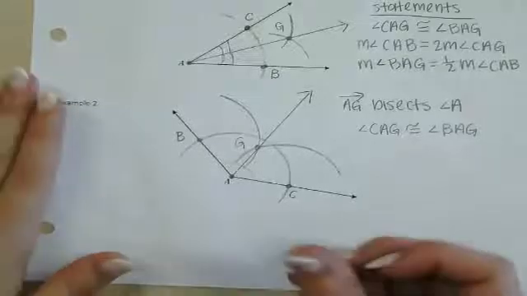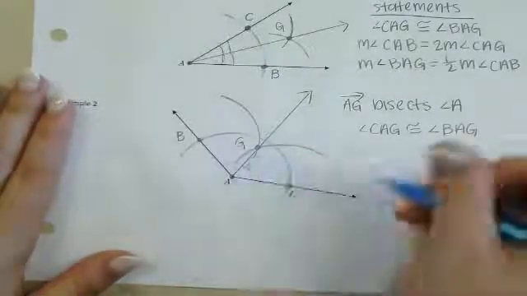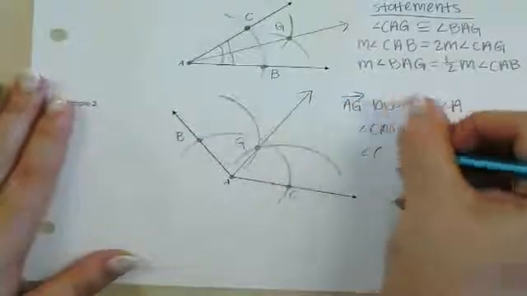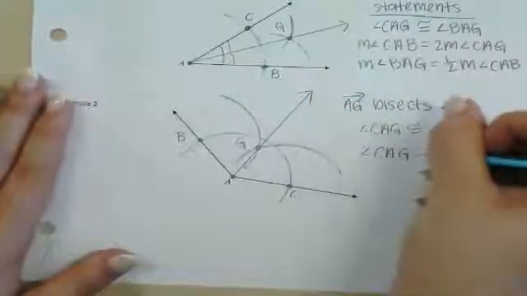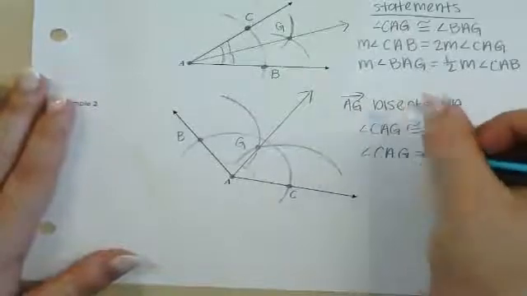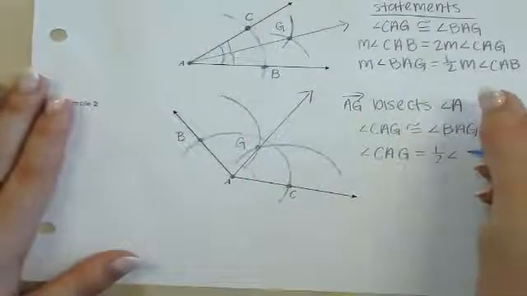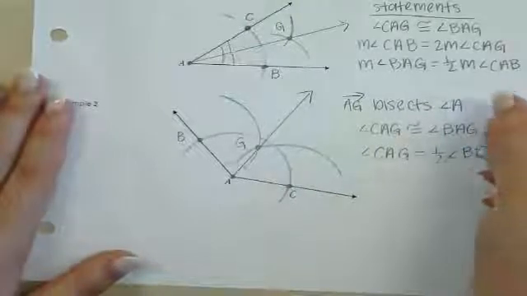I should be able to say that CAG, this one right here, is how much in reference to the entire angle? Half of it. Very good. So angle CAB or BAC, whichever way you want to write that.